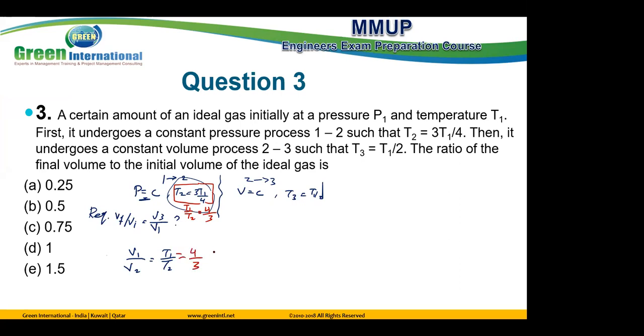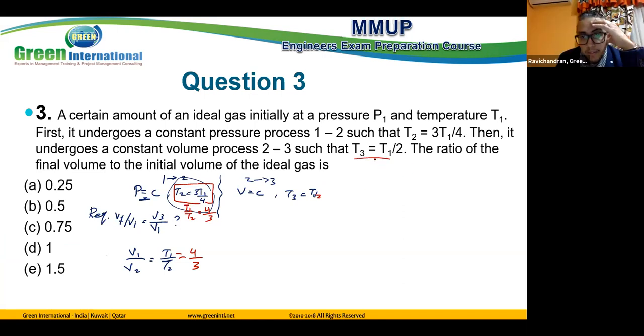Now again, for the process from 2 to 3, T3 equals T1 divided by 2, right? Am I correct or not? I write here. Yes, okay.